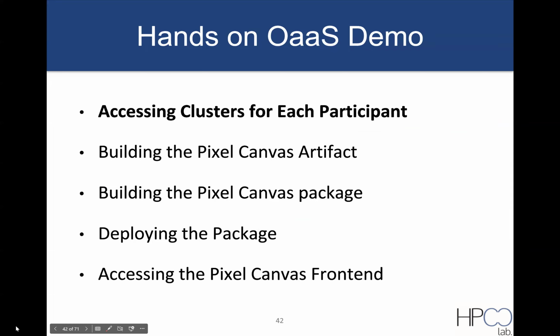So we will now try to deploy that demo, the pixel canvas application, using our OaaS framework. First, we have created clusters for everyone, where we have installed OaaS and other necessary components, so that you can go ahead and use OaaS directly.